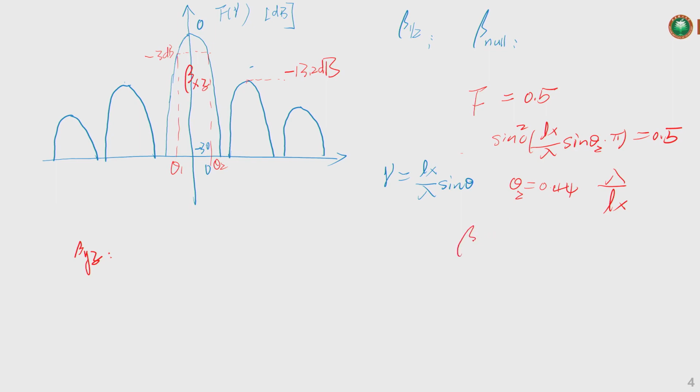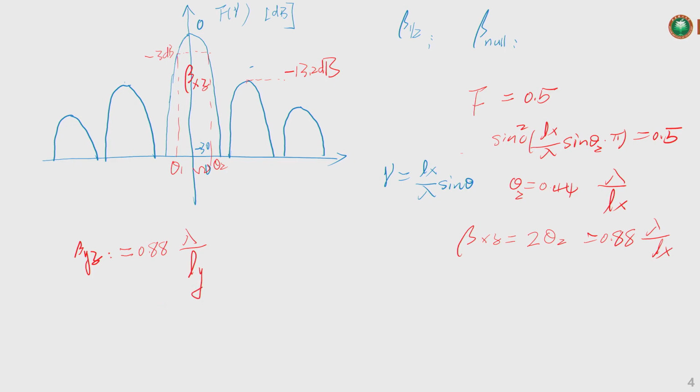So the beta x of theta equals the double of that, right? Because here is just half of that. So it equals 0.88 lambda over Lx. This is the beta x on the x of theta plane, and on the y of theta plane it can also be expressed as 0.88 times lambda over Ly.